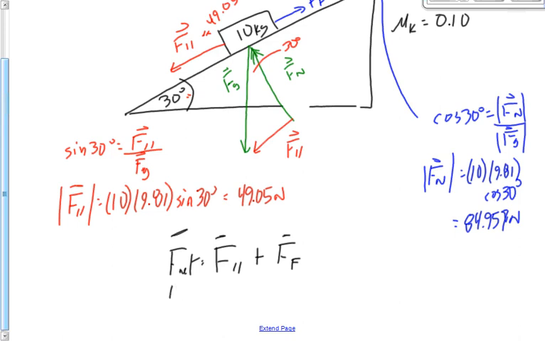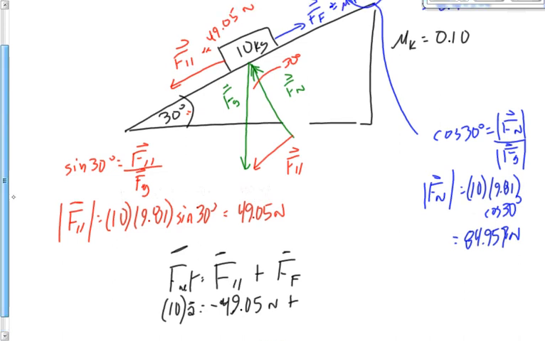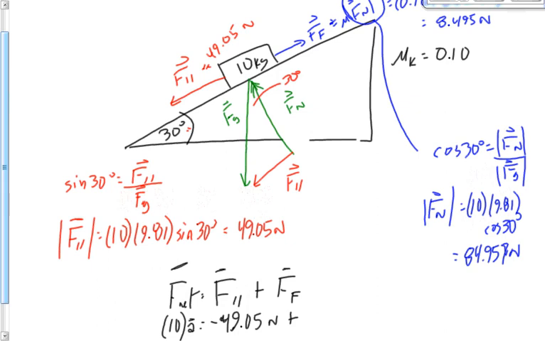Mass here is 10 times A. I'm going to say negative 49.05. Although, Nathan, you may define it the other way. Positive, that's fine. If you do, then when I make this one positive, 8.495 newtons, you'd make that negative, that's all.